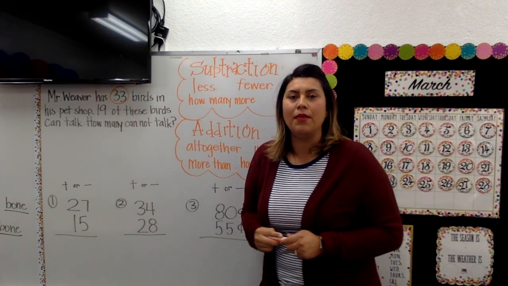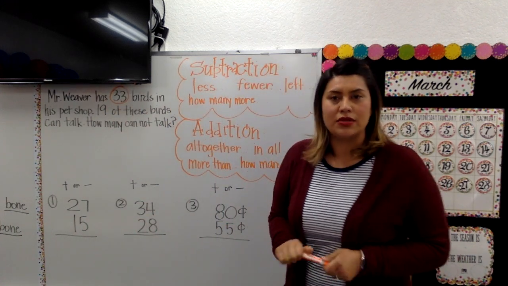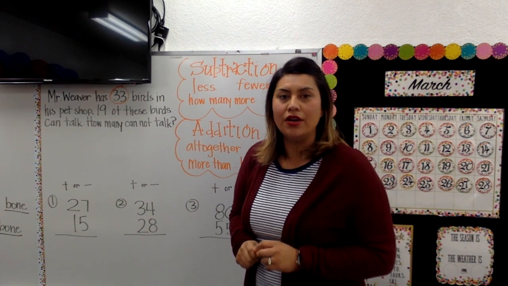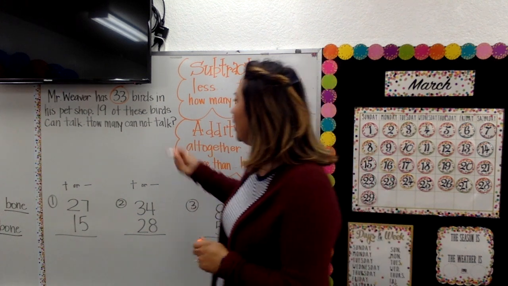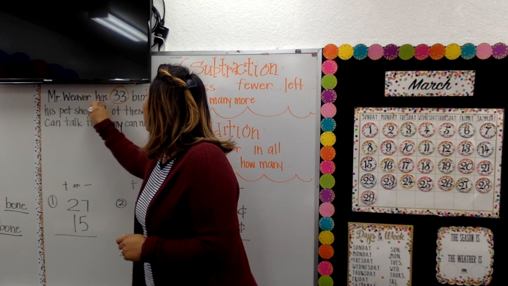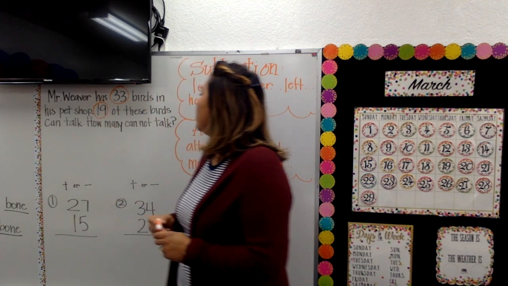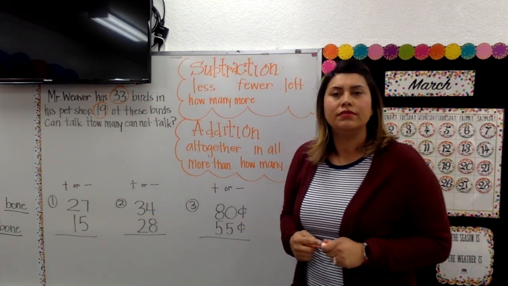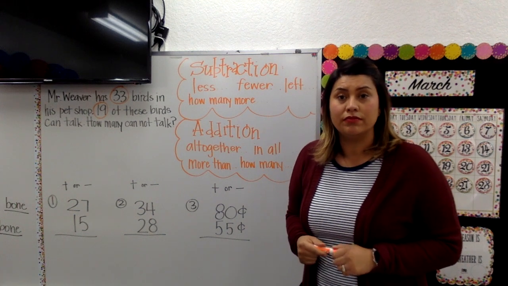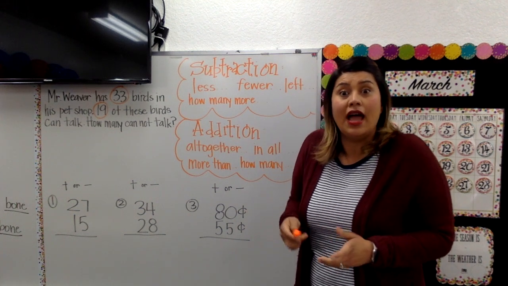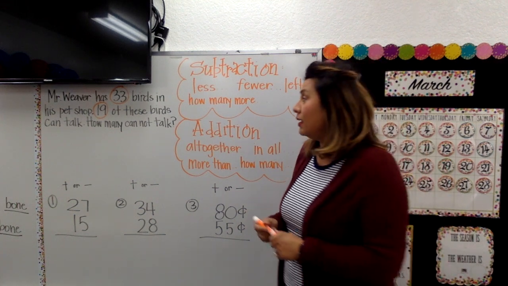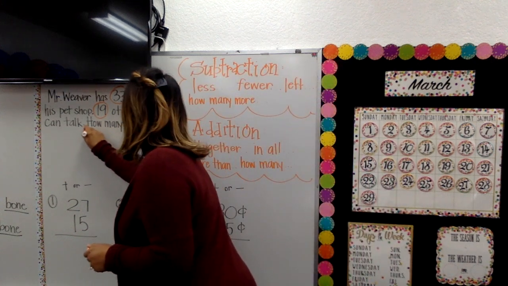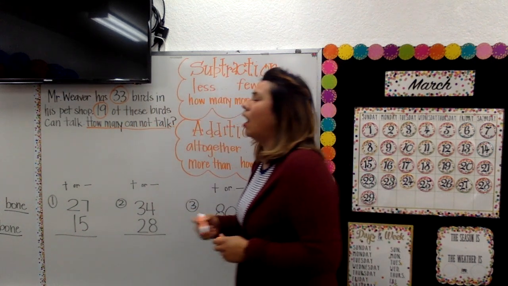Circle the first number. Is there anything else that you see there? Alexander, another number? Very good. All right, Olivia, anything else that we should highlight, underline maybe? Yes, the question, how many cannot talk?